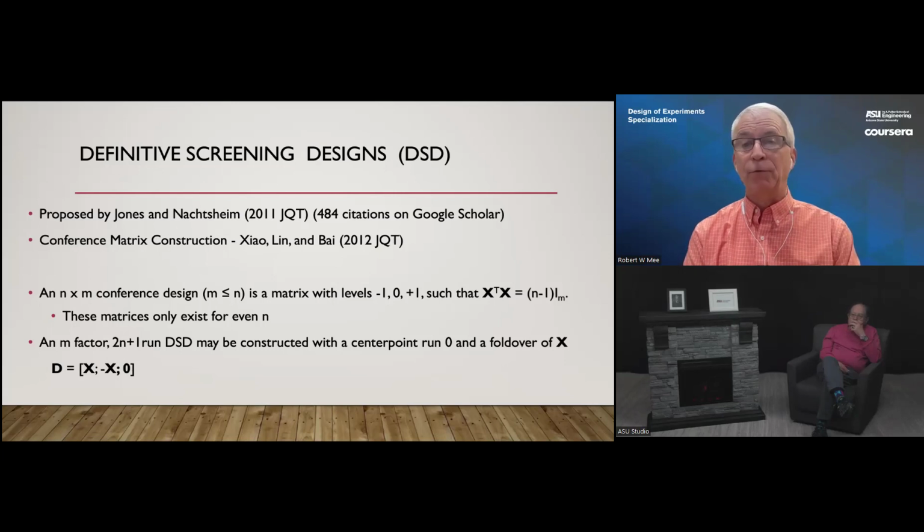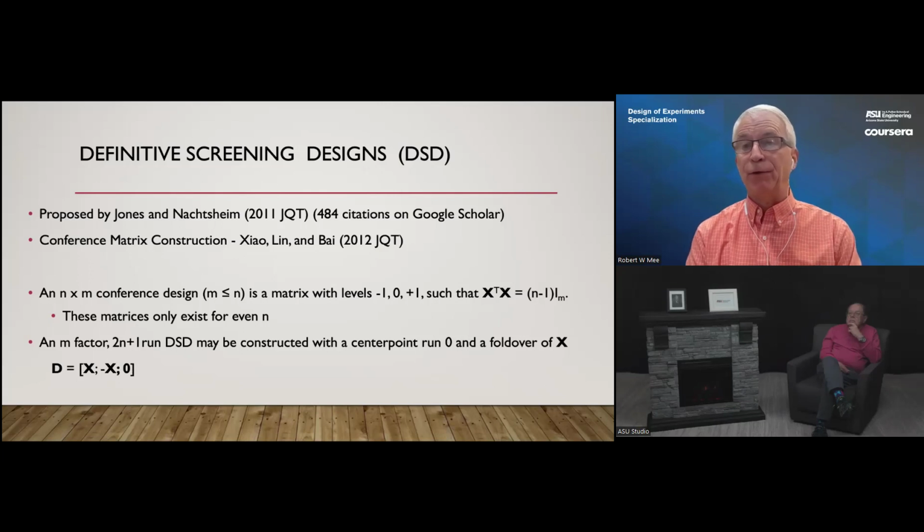And so I will begin by talking about conference matrices and how the DSD is constructed from that. So you see on this slide, a conference design is an N by M matrix.